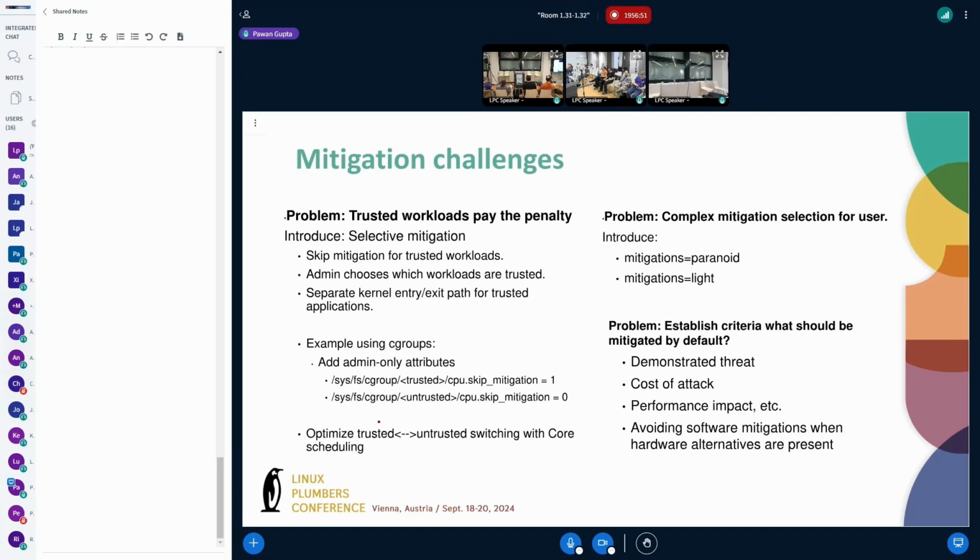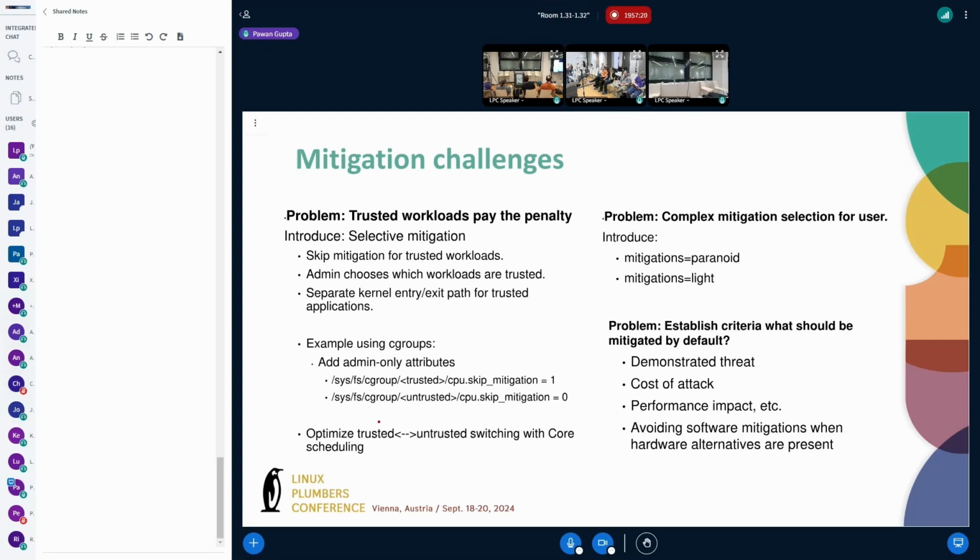This mainly requires two changes in the kernel. One would be a separate entry and exit path, or if there are other mitigation points, then we need separate paths for those as well. The second change would be an interface to communicate the trust to the kernel.